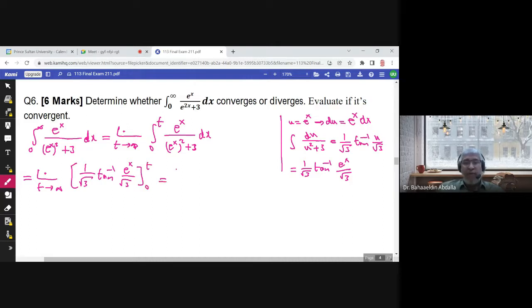So this would be the limit as t goes to infinity of tan inverse of e to the power t over square root of 3, all over square root of 3, minus, if I replace now x by 0, tan inverse of 1 over square root of 3, over square root of 3.